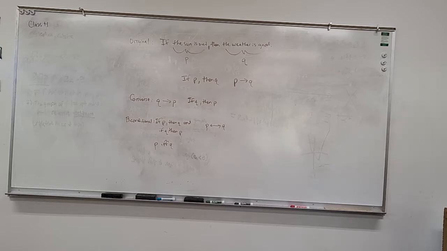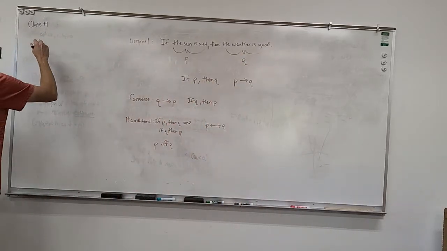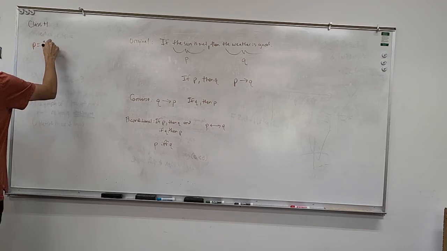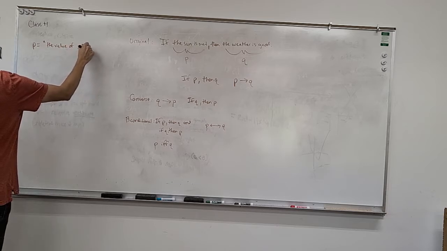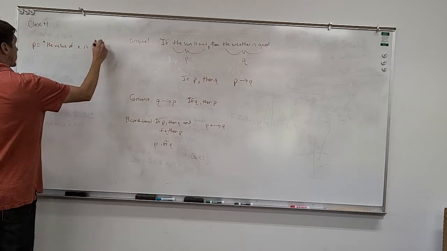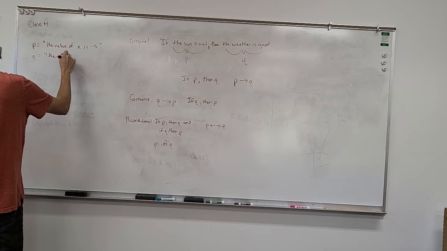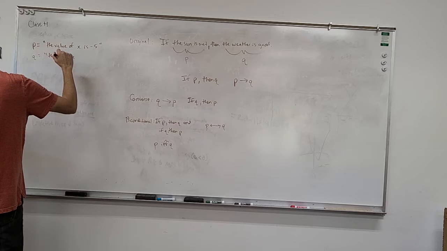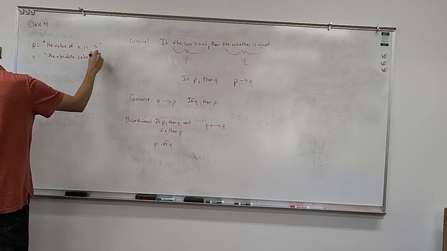All right, so thinking about that, let's let P equal the value of x is -5. And we're going to say that Q, let that be the absolute value of x is 5.